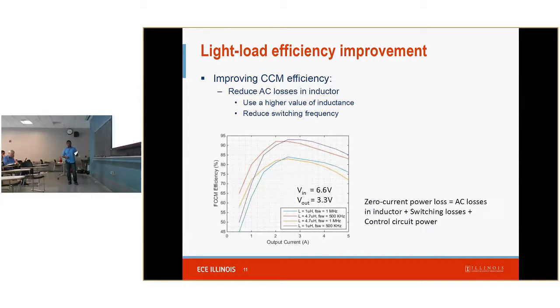The general trend is that if we are using a higher value inductor, I'm going to have lesser core losses in the light load region, but I will also have more DCR losses in the high load region. We can see from here that the red curve is with a higher inductor and the purple curve is with a lower value of inductance.